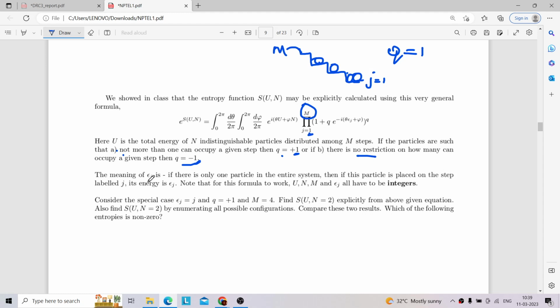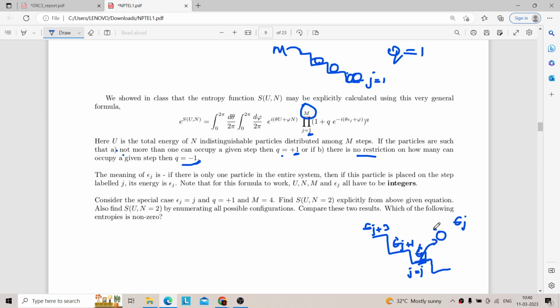So in this question, this epsilon j that I have talked about, what is this epsilon j? Epsilon j is the energy of the jth stair. So each stair will have some different energy. If I put a particle in the jth stair, what will be its energy? Epsilon j.